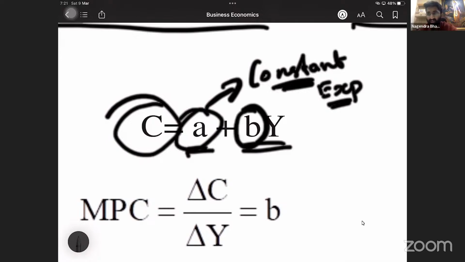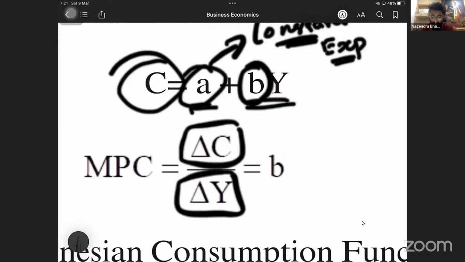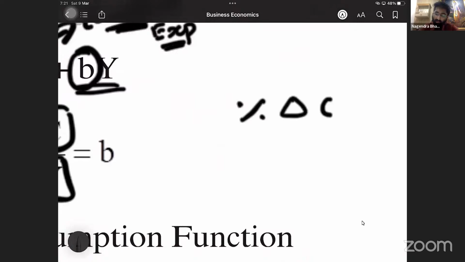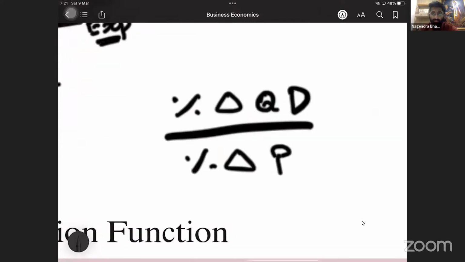What is this B, sir? Kind of like beta: change in consumption divided by change in income. Remember chapter number 2: percentage change in quantity demanded divided by percentage change in price, the formula for elasticity. Now you tell me, which is independent here, demand or price? Price is independent.